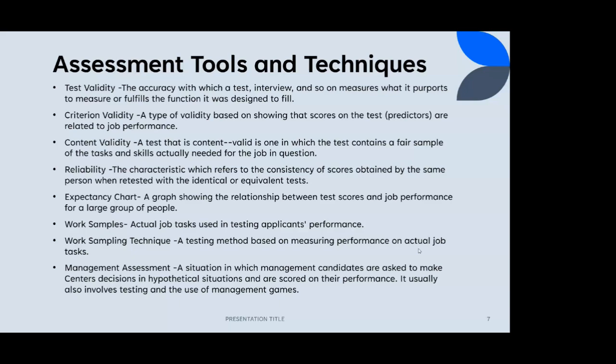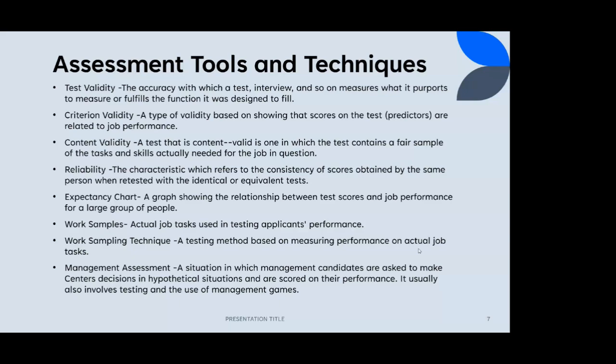Content validity is a test that is content valid, and is one in which the test contains a fair sample of the tasks and skills actually needed for the job in question. It is the same as criteria, but in this case it is for the content.